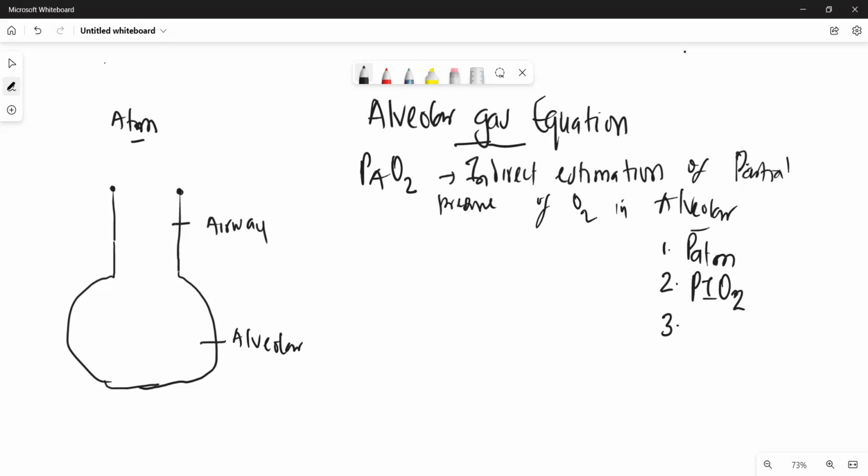Number 3 is our FiO2, which is the fraction of inspired oxygen. Number 4 is the PH2O, which is the partial pressure of water or water vapor pressure, because we need water to be able to humidify the oxygen in the airway.